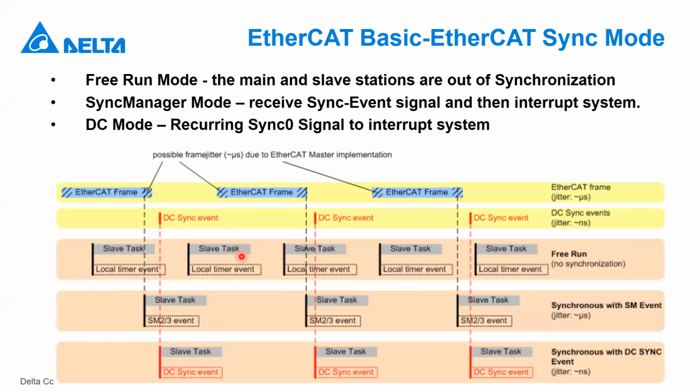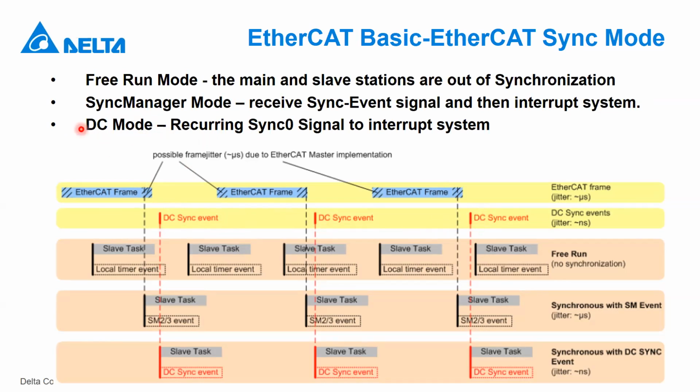Okay, and this page will show you the three basic synchronization modes of EtherCAT. You can see we have the free run, sync manager, and DC mode. DC mode means every constant interval that you define on the controller, it will give a signal.